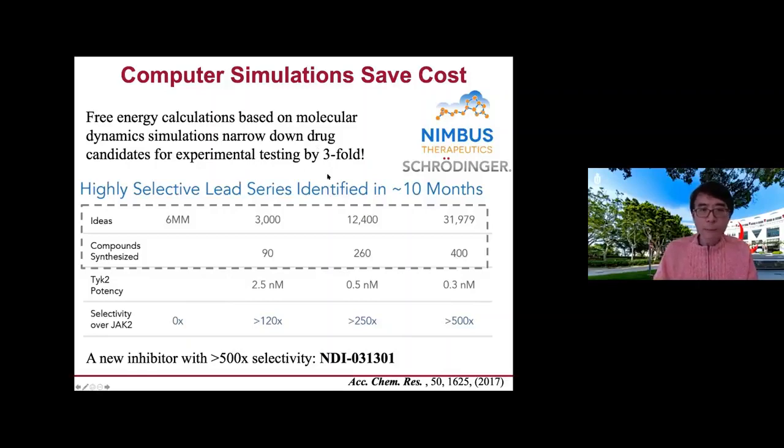So this helped accelerate the narrowing down of compounds for testing by 3-fold. And the new inhibitor they identified indeed has a 500 times selectivity. In other words, this compound binds to TYK2 500 times more strongly than it binds to the 3 other targets, right?